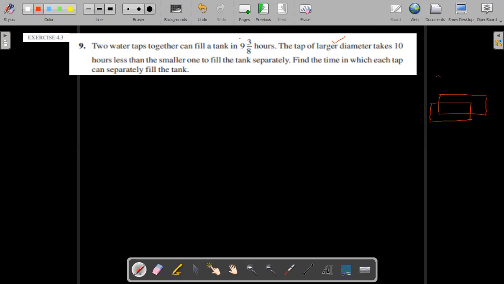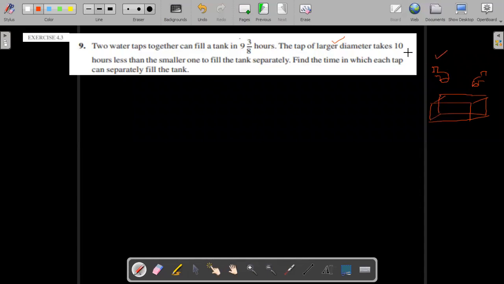One is having the larger diameter, and another tap is having the smaller diameter than this. That smaller diameter tap will take more time to fill this tank, and this one will take less time, obviously.